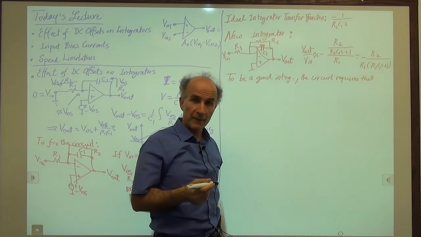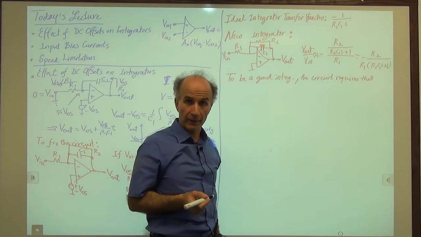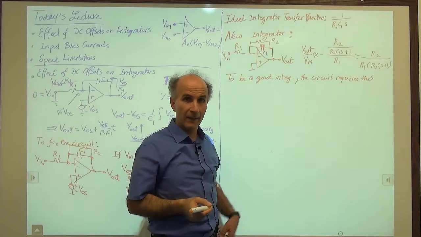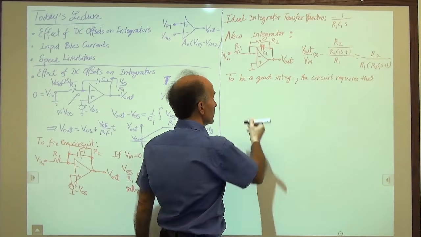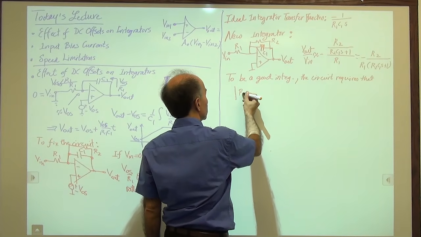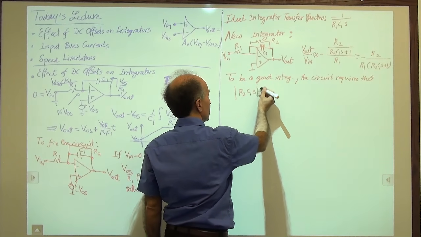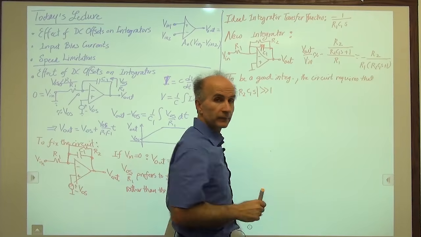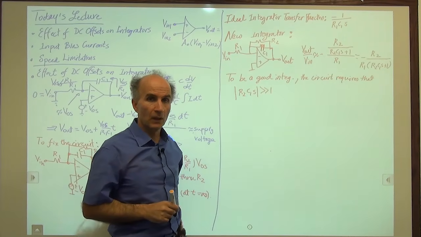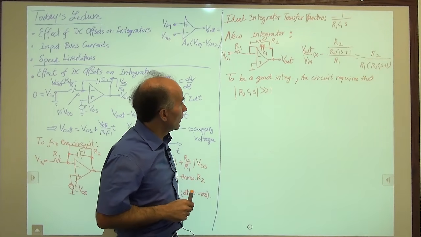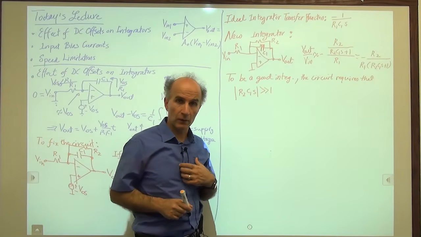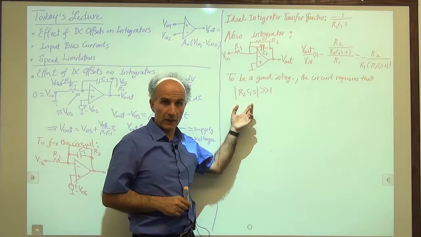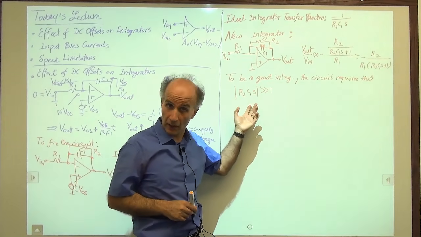Now the problem is that S generally is a complex number. So I cannot say a complex number is much greater than 1. So what we do is we say the magnitude of R2 C1 S is much greater than 1. All right, so what does this mean? Well, of course we have R2 and C1 under our control. But it's really S that plays a role here. S is the frequency of the input.